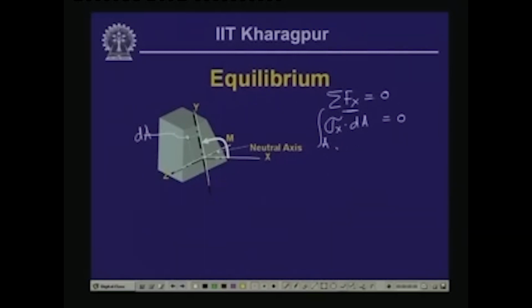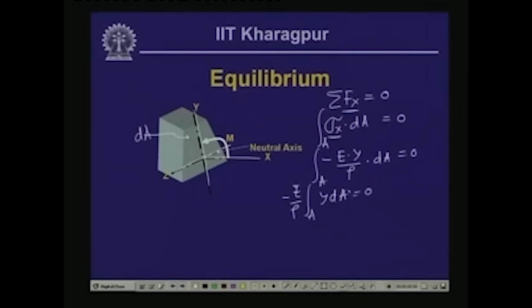Now, sigma, as we have seen, is equal to minus E y by rho. The integral of this times dA over the area is equal to 0. If we take out these two constants, E by rho, then the integral over area A of y dA is equal to 0.